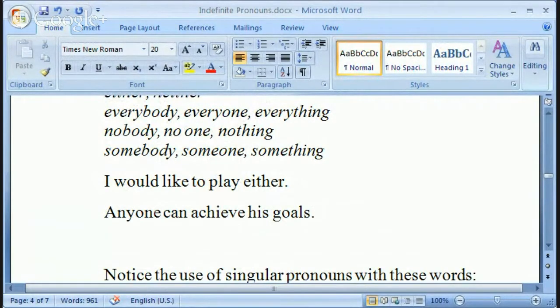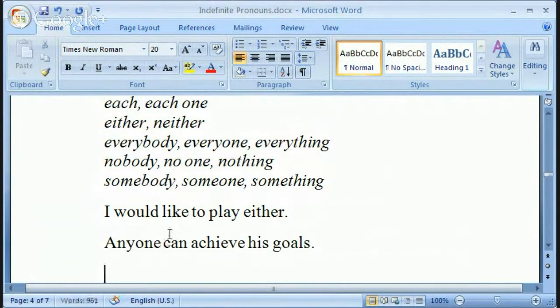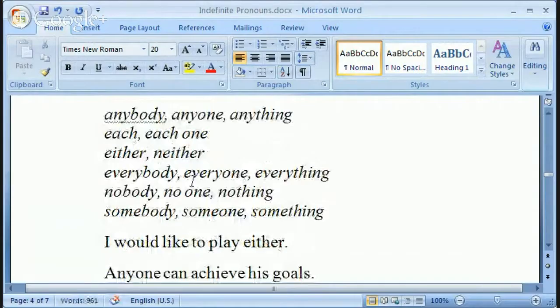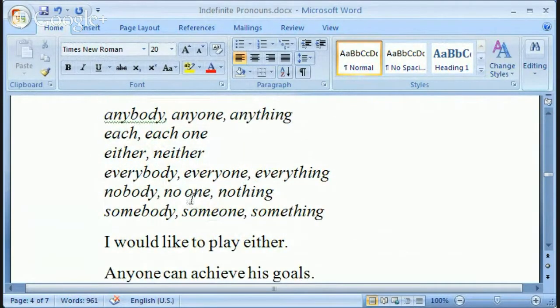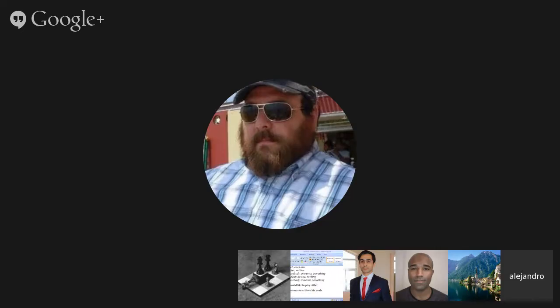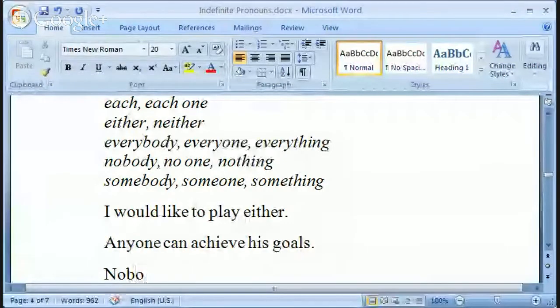Good job. Alejandro, using one of these words as a subject noun, can you form a sentence? Nobody came to my party. Oh, that's sad.